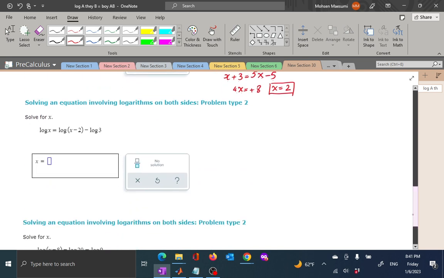Type 2, well, a minor variation on this theme. We have more than 2 logarithms, 3 of them, maybe more. How do we proceed? You might want to bring everything to one side or something like that.